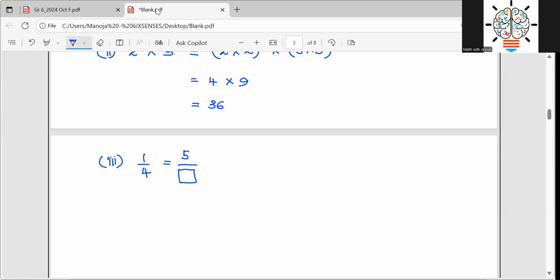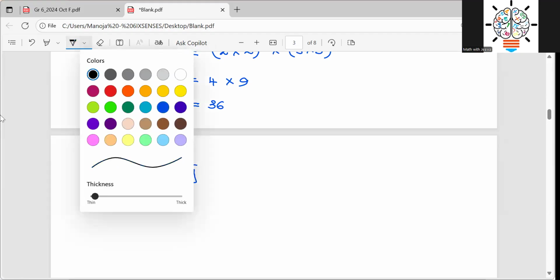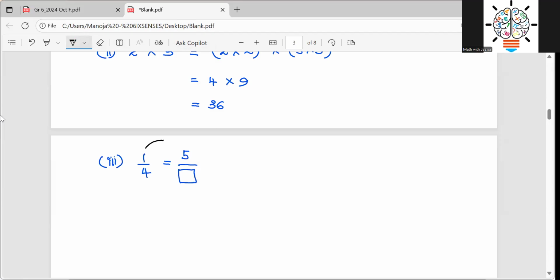Now what should be the blank, children? So how do you get this? 1 times 5, it is 5. So then you want to do the same thing here. You multiply by 5. 5 times 4, it is 20. 1 times 5, 5. 4 times 5, 20. So then it is 5 over 20, right?